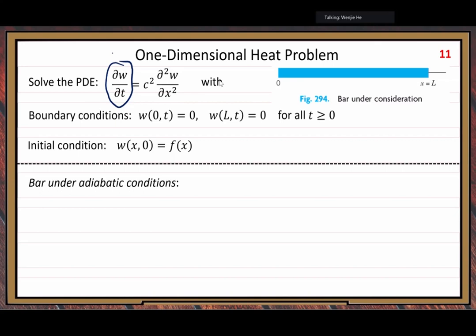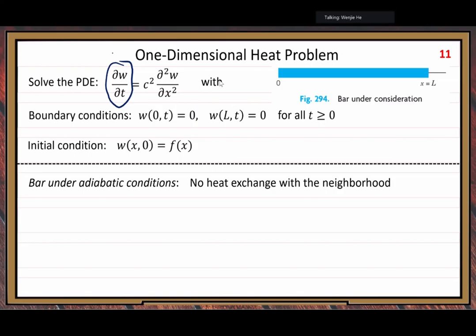We call this a bar under diabatic conditions, which is a different assumption. What is this special condition? No heat exchange with the neighborhood at these two ends.